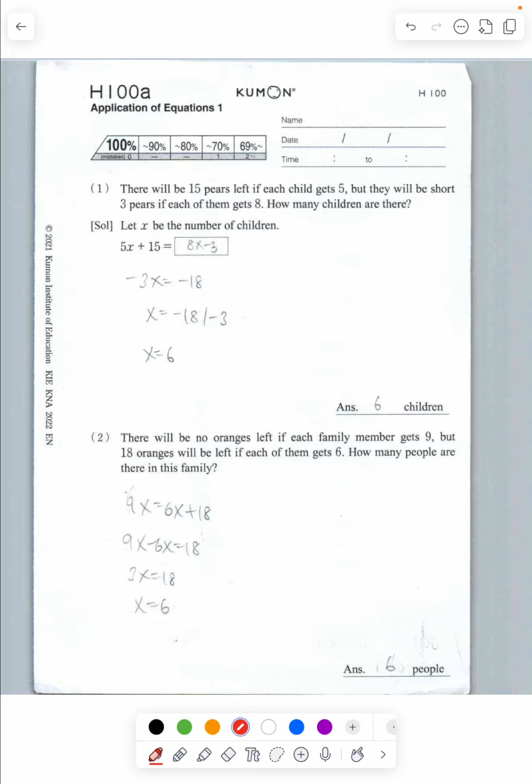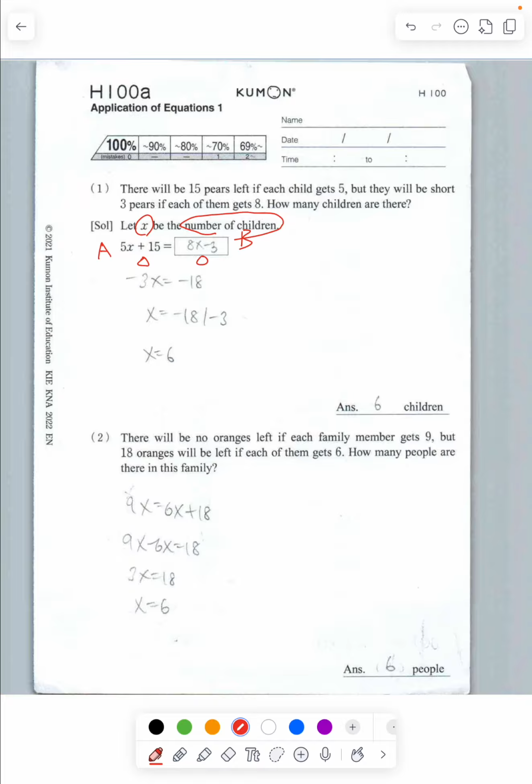So is it possible for us to equal them together? Both scenarios. Yes, right? So scenario A is equal to scenario B. Now, it's just how we conduct the whole equation. If we let x be the number of children, do you think that the number of children would change in both scenarios? No, right? It will be the same.